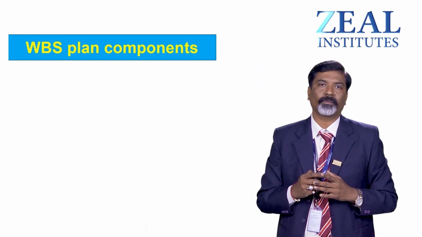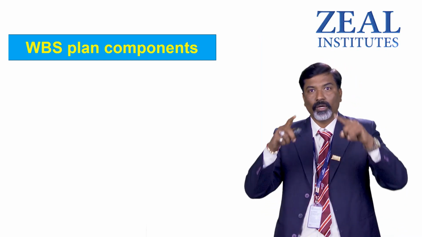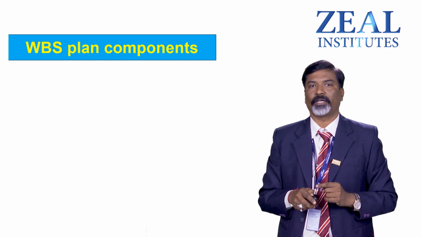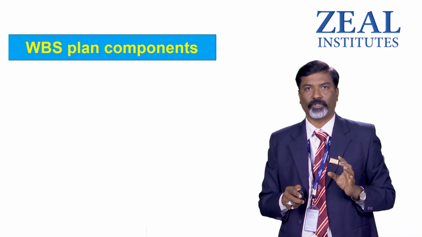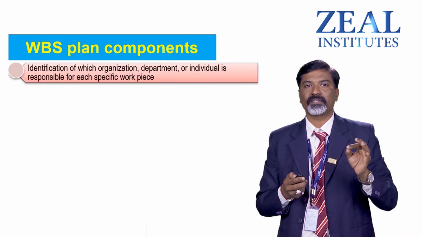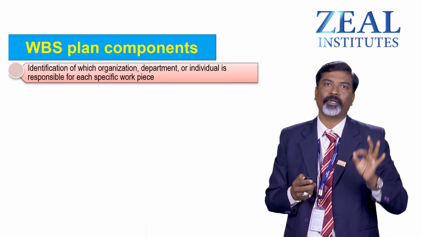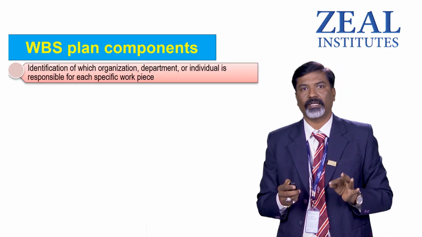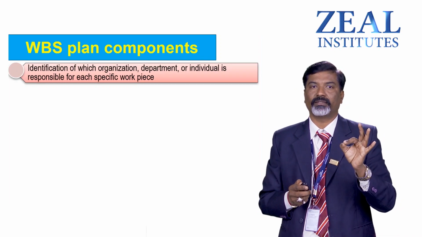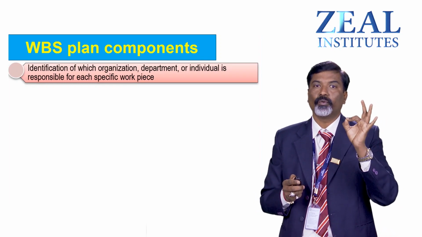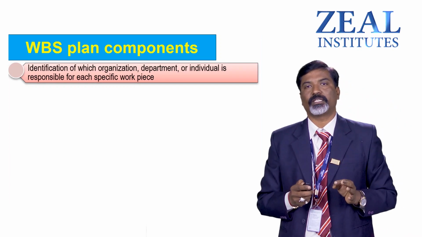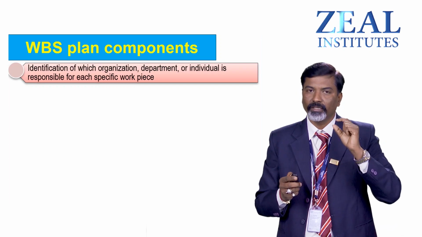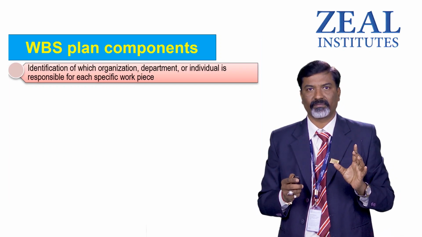Now, to create a work breakdown structure, we should know what the components of that work breakdown structure should be. What should be the work breakdown structure plan components? The first component is identification of which organization, department or individual is responsible for each specific work piece.